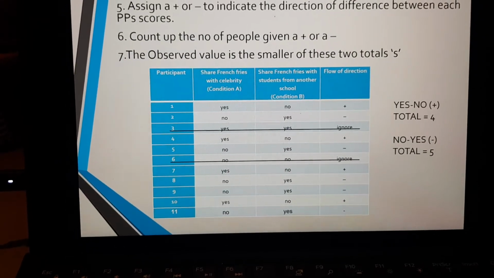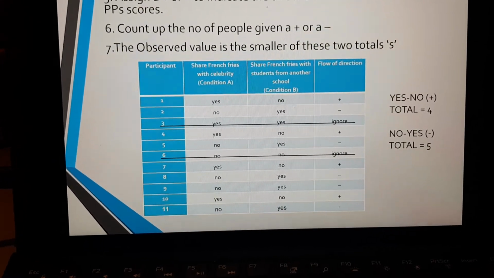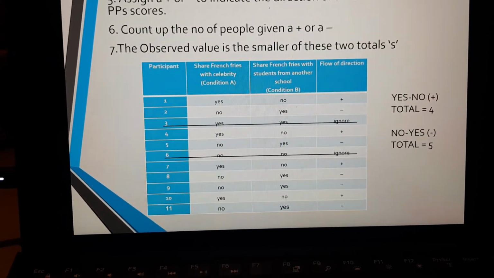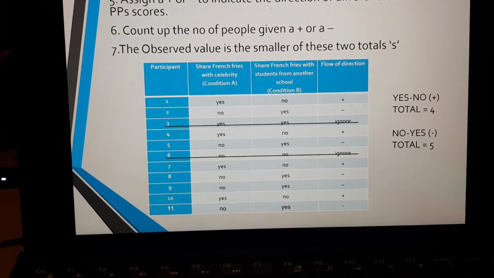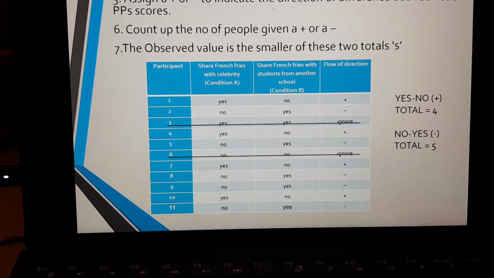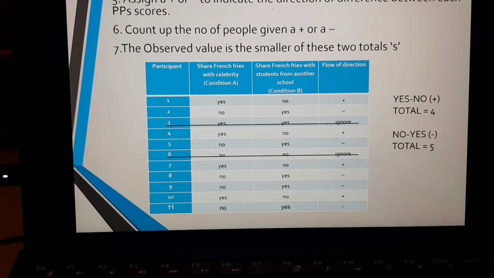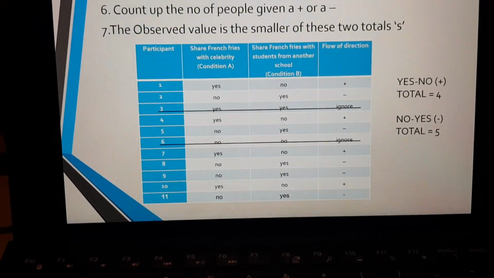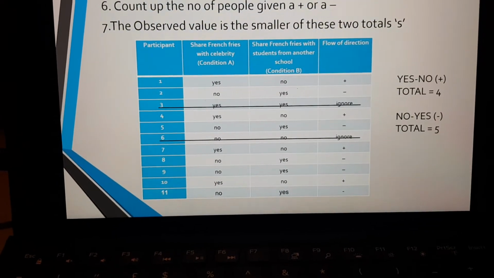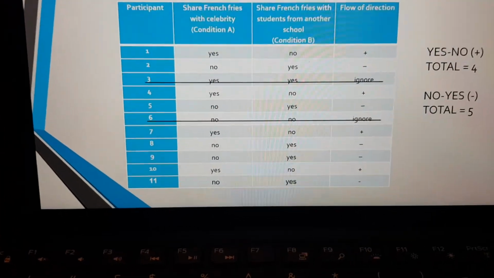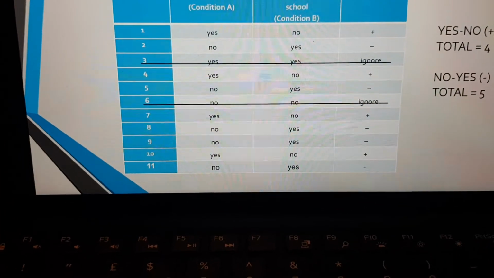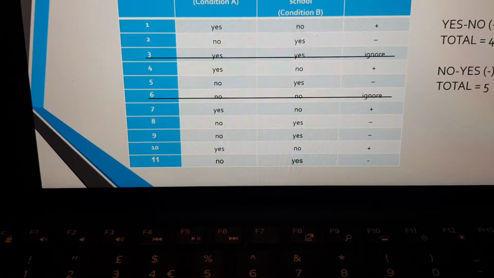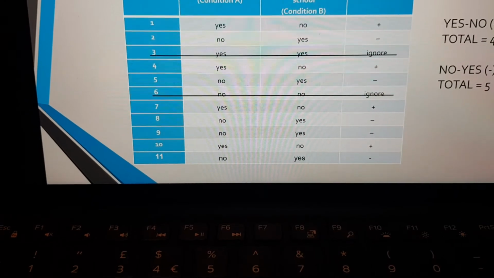Okay, so as we've predicted that students would say that they would share with a celebrity and not with a student from another school, then we're going to give that a plus. Okay, so participant 1 said yes and no, so they get a plus. Further down, we've got participant 10 saying yes and no, so they've been given a plus.